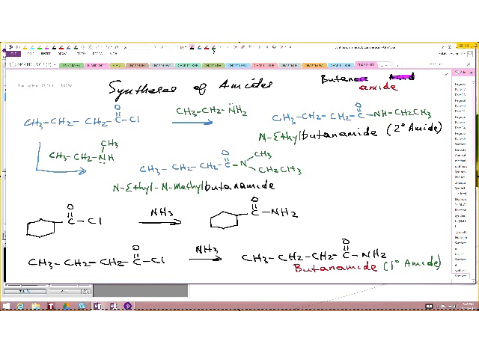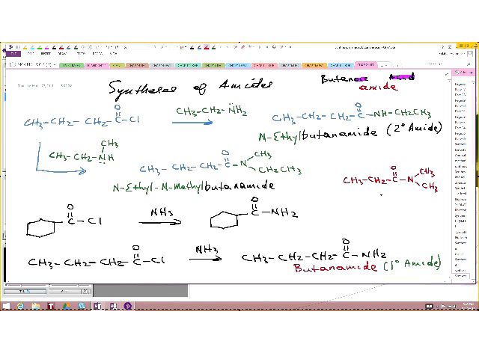Supposing you have a molecule like this. In this case, even though this is a tertiary amide, the nitrogen is attached to the same alkyl group, the two methyl groups here.